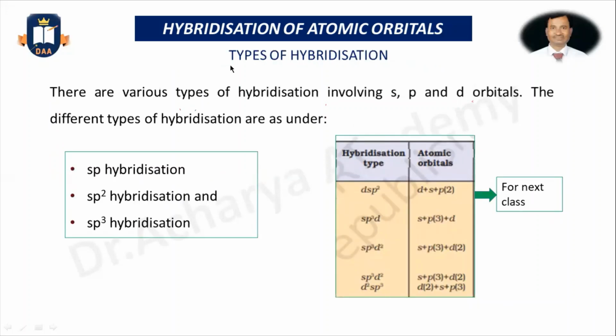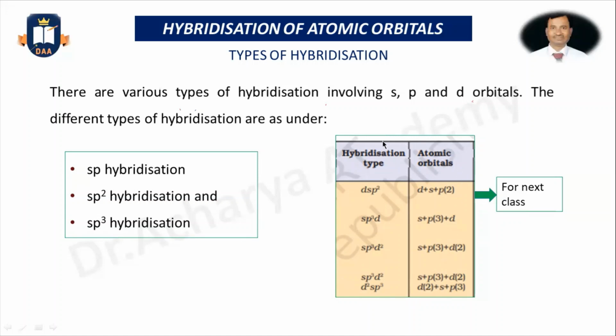Now we'll discuss the types of hybridization. Hybridization involves s, p, d orbitals. When s and p orbitals participate, especially for the representative elements, in this case 3 types of hybridization happen: sp hybridization, sp2 hybridization, and sp3 hybridization.